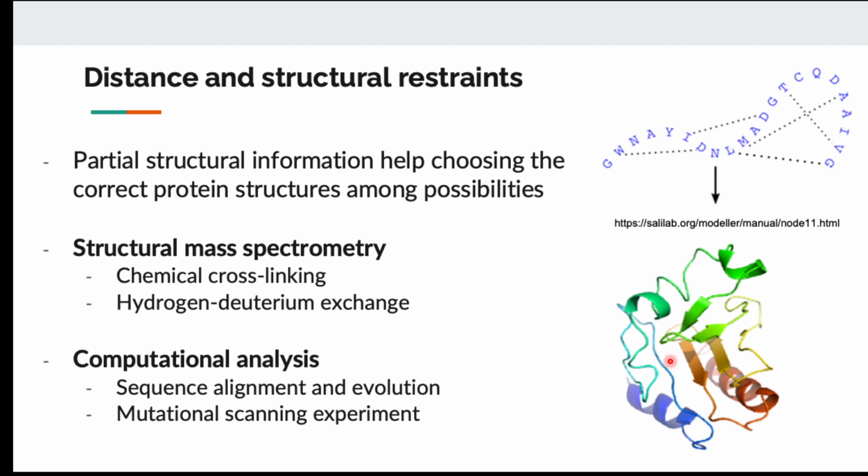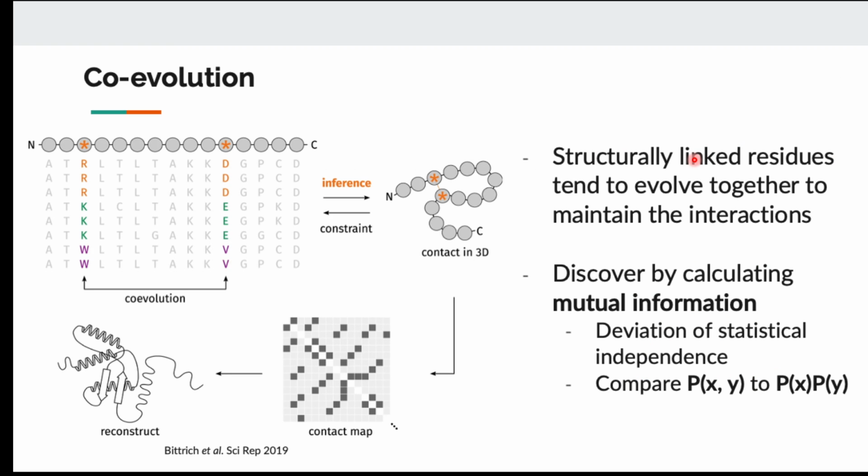So in addition to performing experiments, we can also learn from evolution if we want to understand how proteins form. If we go back to the early lectures about sequence alignment, when we think about proteins from multiple organisms, from multiple species, we can make a multiple sequence alignment. We can align the proteins from the same family together.